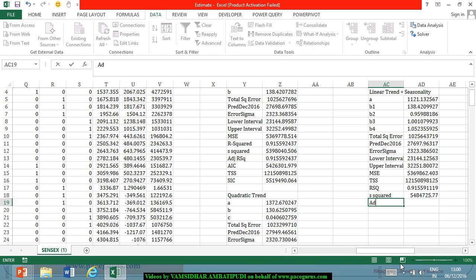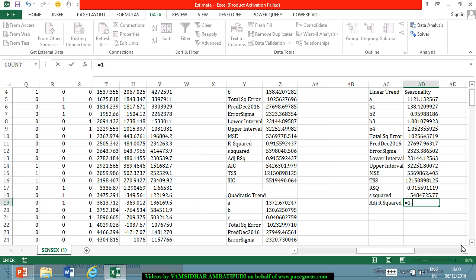I can look at adjusted R squared. The adjusted R squared as per this model, which we have computed earlier, is 1 minus S squared divided by the total sum of squares divided by T minus 1.